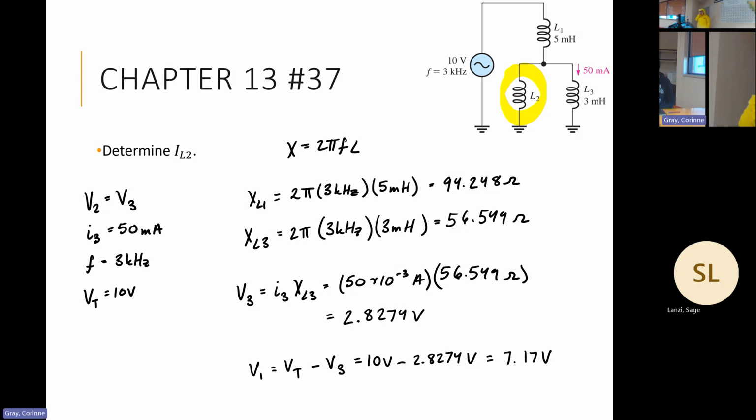Questions so far? Now that we've found this, we can find the current that's passing through L1. I1 is equal to V1 over XL1.